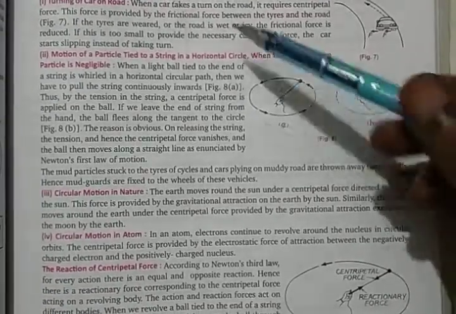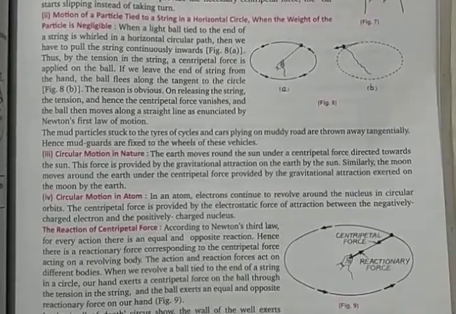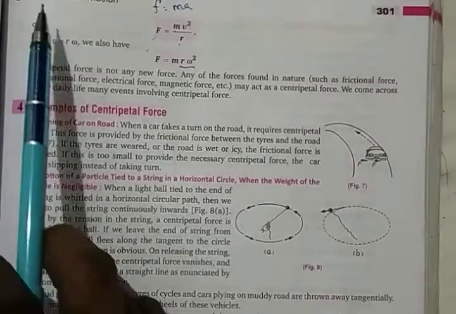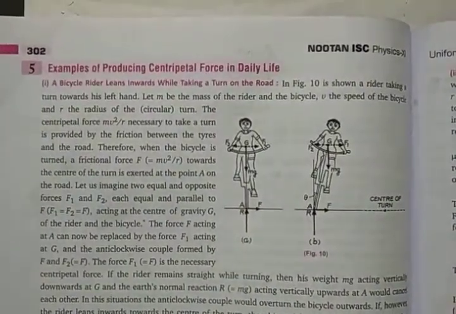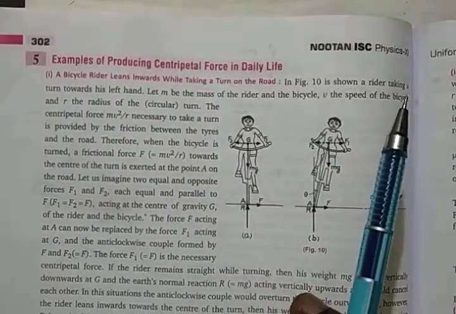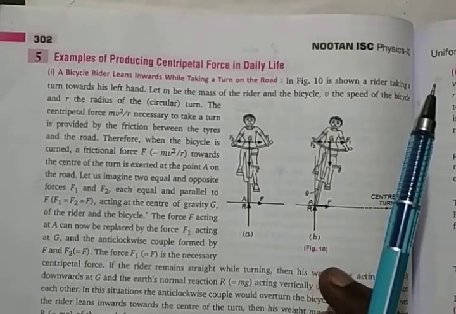So many applications are there in circular motion. Since you are dealing with uniform circular motion, the very important application is when we go in a curved road, what will happen? So examples of centripetal force in daily life: in the book they have taken only one example, that is when you travel in a curved path, what will happen?